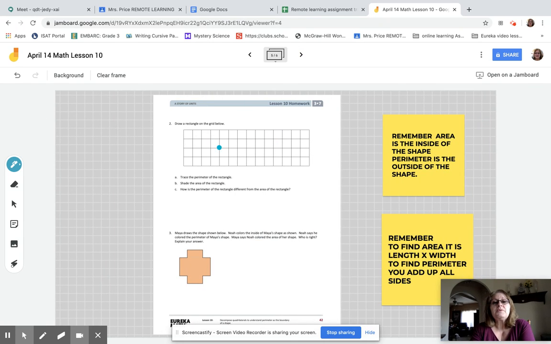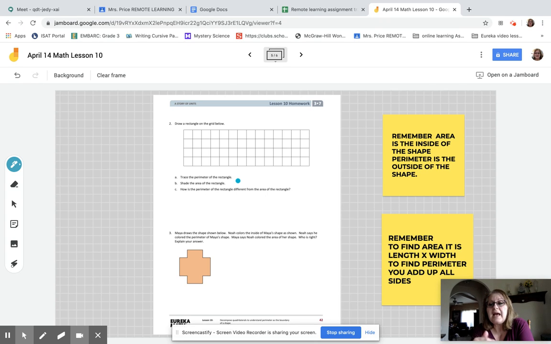Okay, and then this one is a lot like the problem that we had yesterday. It says draw a rectangle on the grid. So we're going to draw a rectangle here. We're going to trace the perimeter of the rectangle and then shade the area of the rectangle. What is the area? The area is the inside of the shape, right? And you're going to trace the perimeter. What is the perimeter?